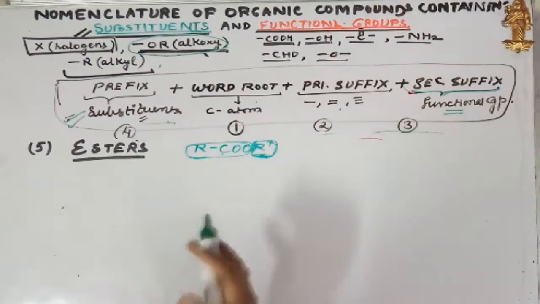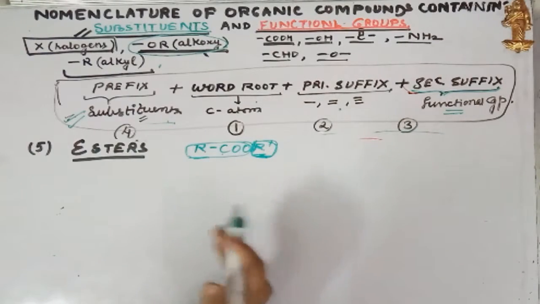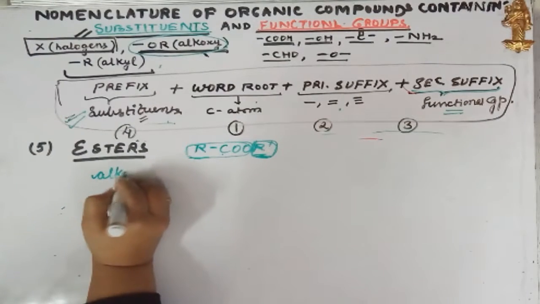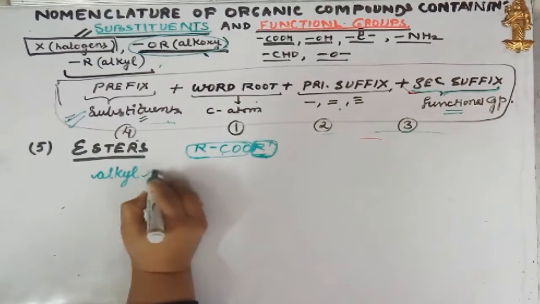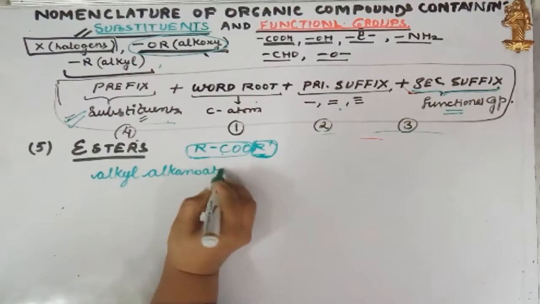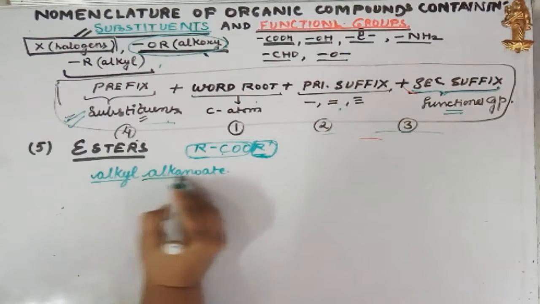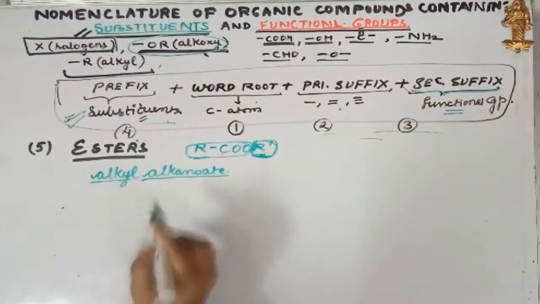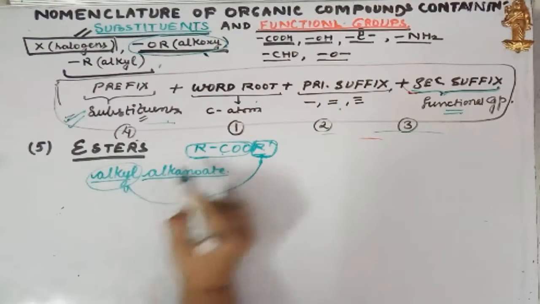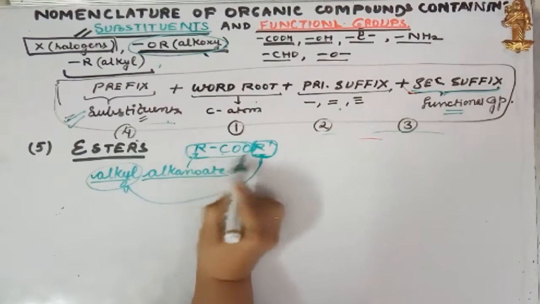These are named as alkyl alkanoate. As I've told you, the alkyl group is this part and the alkanoate is the main part.